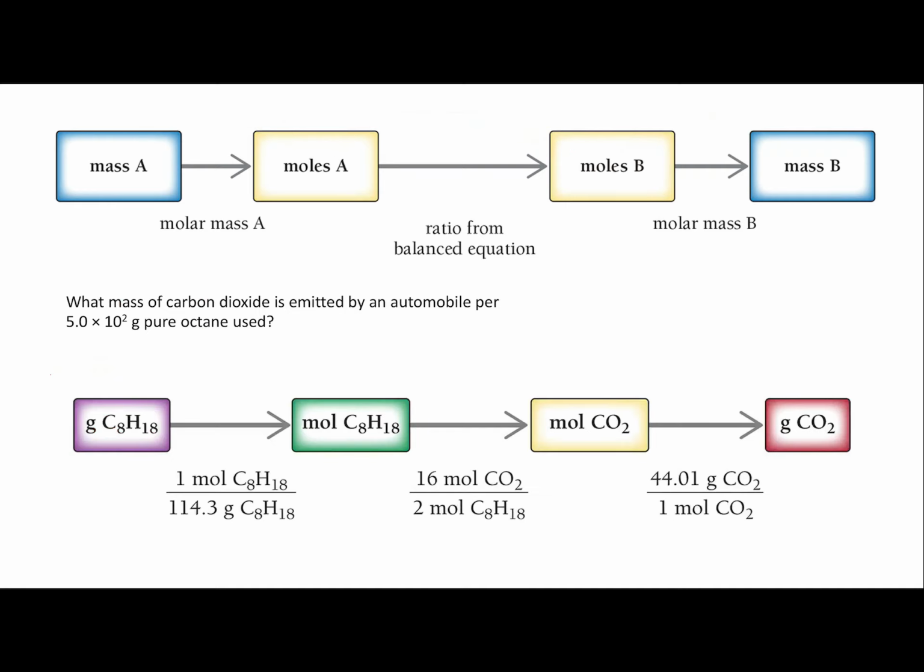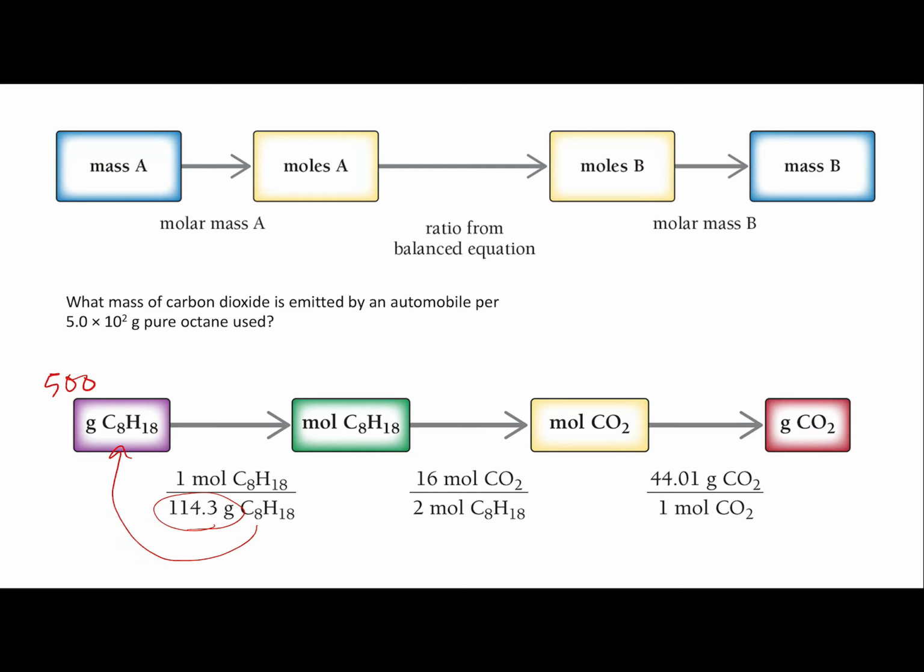Now, I've assumed that you guys are capable of actually calculating these, but I threw them in here so that we wouldn't have to do it during this video. If you are struggling, remember this 114.13 number came from taking 8 carbons at 12.011 grams per mole and adding them to 18 hydrogens at 1.0079 grams per mole. So that gets you to about 114. That's where that comes from.